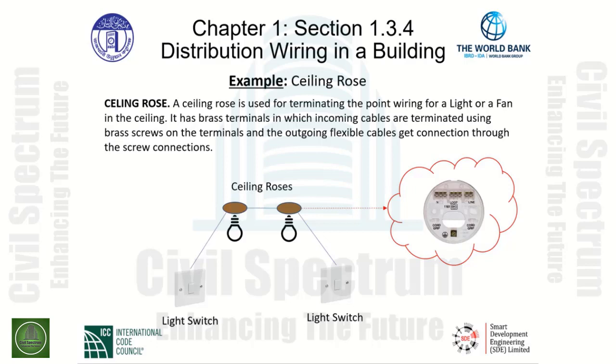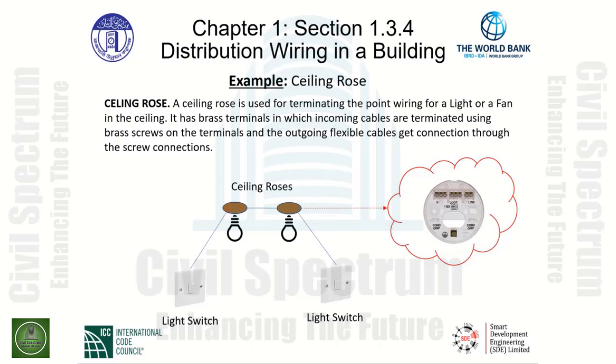As we can see in the example of a ceiling rose off to the right side, we have our loop conductors that enter into the middle of the ceiling rose. To the left side are our neutral conductors, and to the right side are the line conductors. This is where we make the transition to feed the switches down below, indicated as light switches.